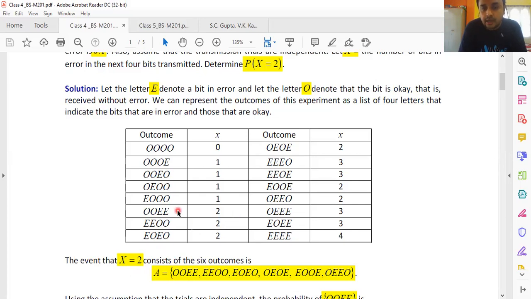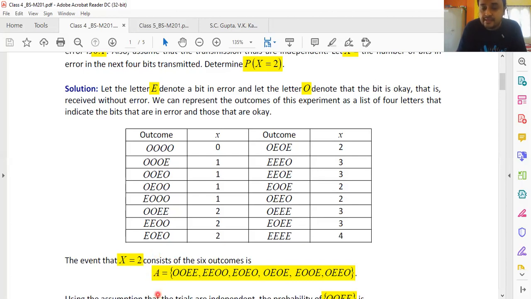As I told you in the very first class, no probability is justified unless you define the sample space, unless you know how many points are there in the sample space. Once the sample space is known to you, any subset of the sample space is called an event. So when I'm interested in X equal to 2, that means I have to extract a subset from this sample space.